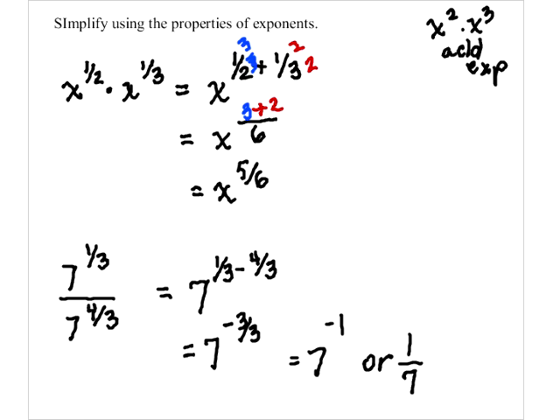All right, let's do one more example using another property. Suppose I have x to the 2/3 to the 3/5 power.